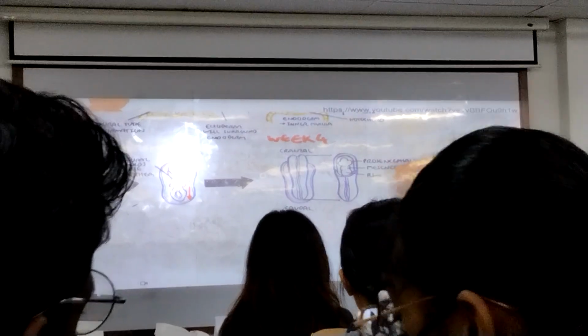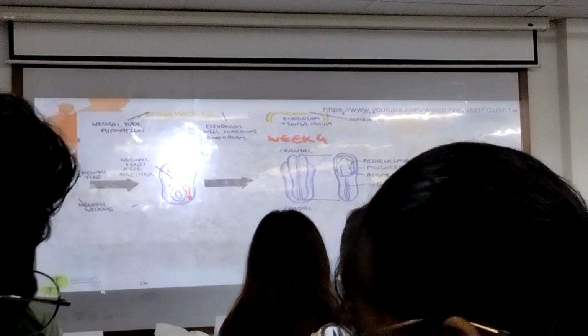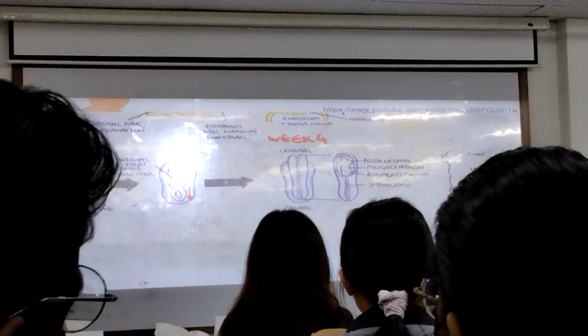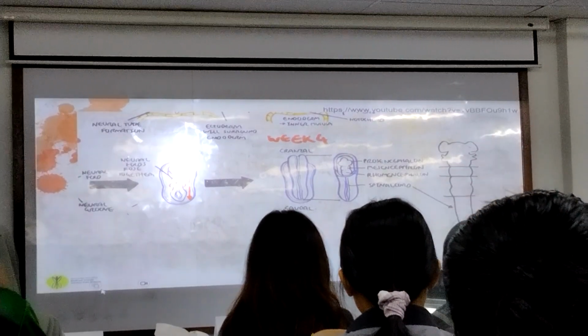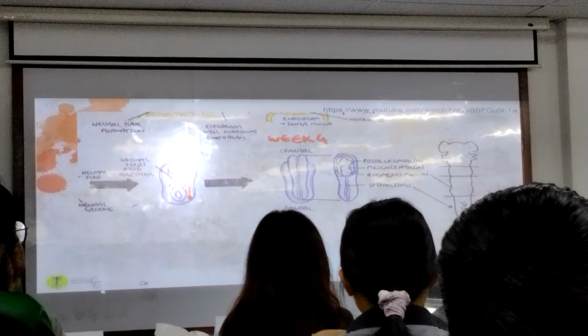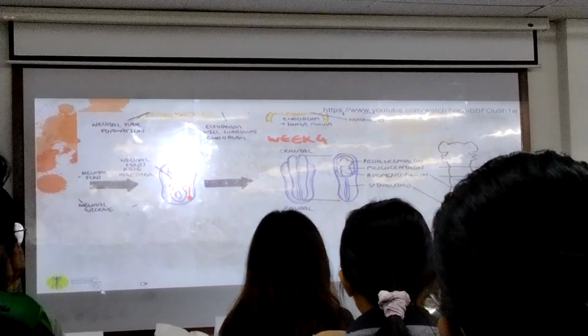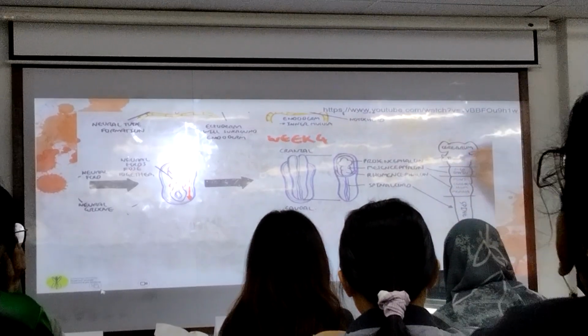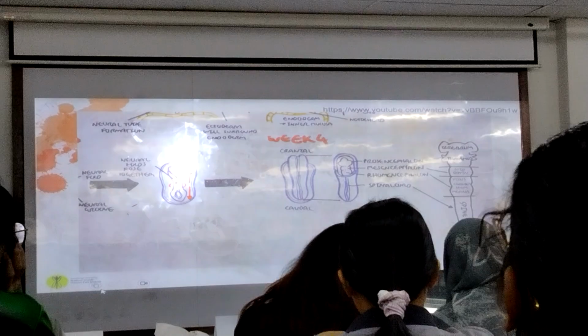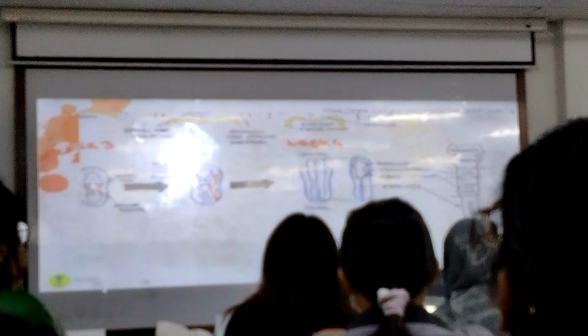During the rest of the embryonic development, when the neural tube forms, the spinal cord becomes the caudal part, the mesencephalon becomes the midbrain, and the prosencephalon is the cerebrum.